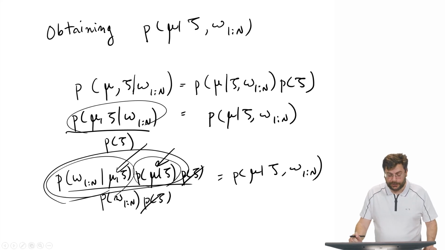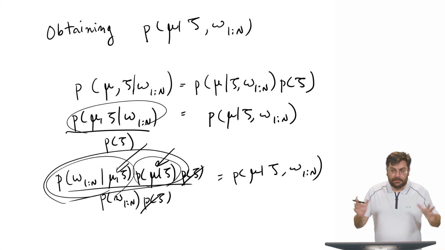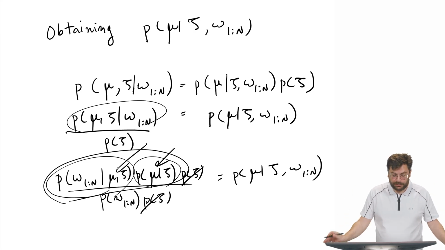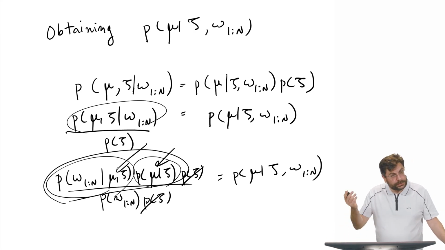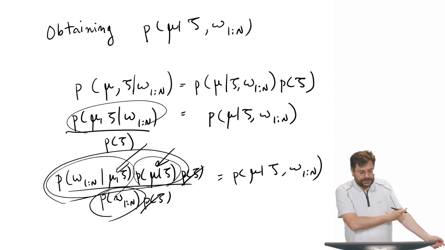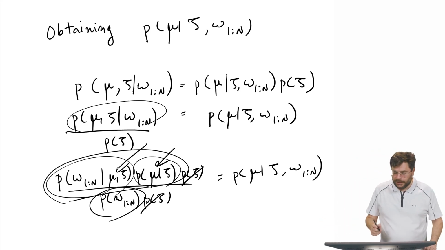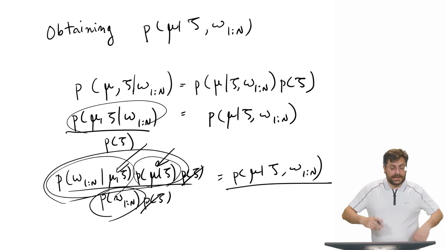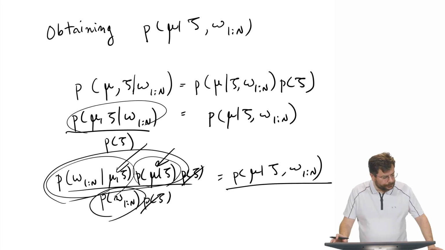The product of the two, once I multiply them together, expand the exponentials, and recomplete the squares to make it look like a Gaussian in mu, is going to look like a Gaussian in mu. This term here doesn't depend on mu, so it's just going to be a normalization that I can figure out later if I want to. So what I'm advertising is that this is obtained by simple algebraic manipulation, and it will be a Gaussian.